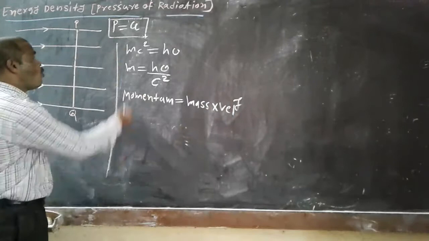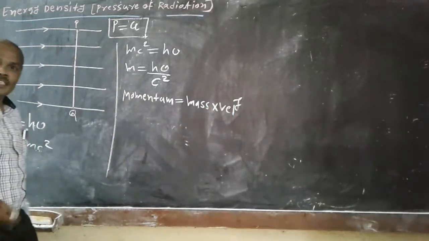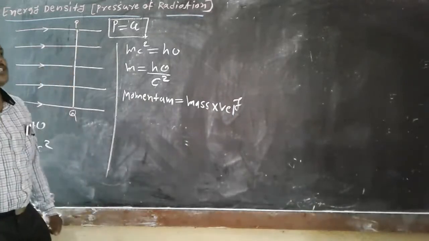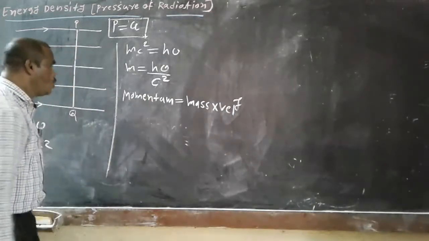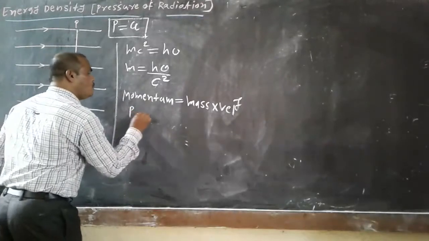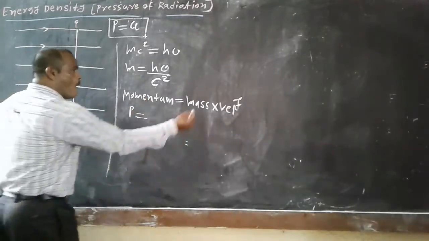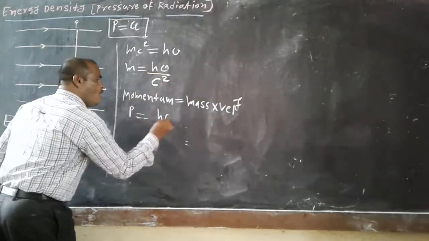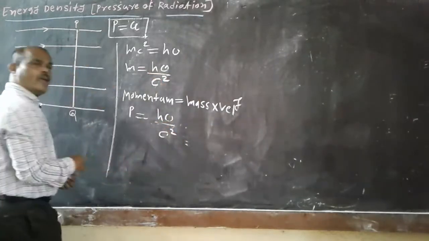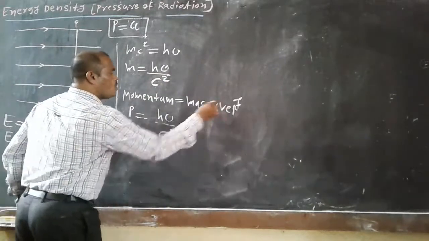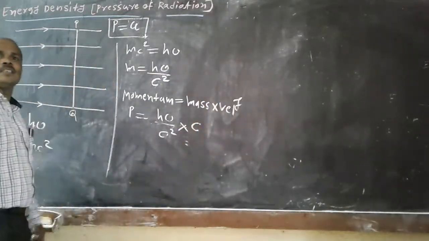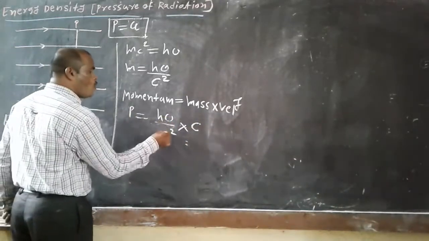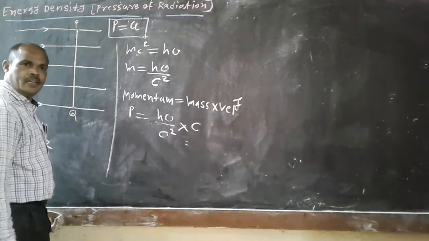We calculate the momentum of the photon, which is moving with the velocity of light, that is c. So momentum of the photon p equal to mass of the photon, h nu upon c square, into velocity c. So p equals h nu upon c square into c.